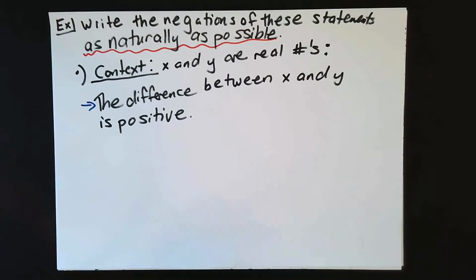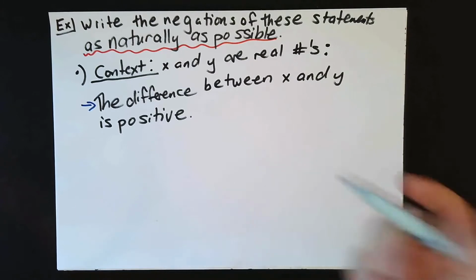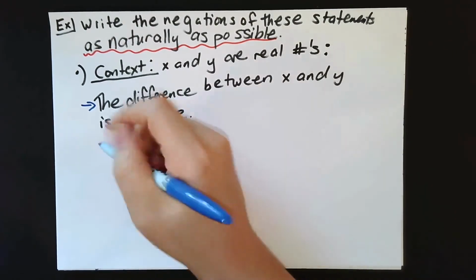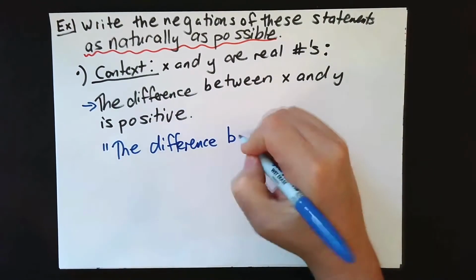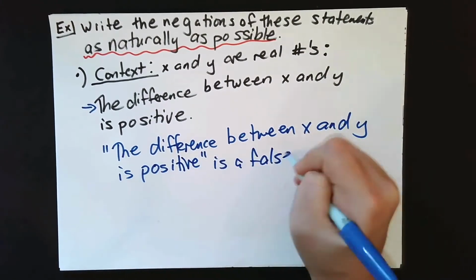So there are a lot of things that can go wrong even in this relatively simple statement. First, what am I really trying to write? What I'm really trying to write, in as natural a way as possible, is the statement that the difference between X and Y is positive is a false statement.